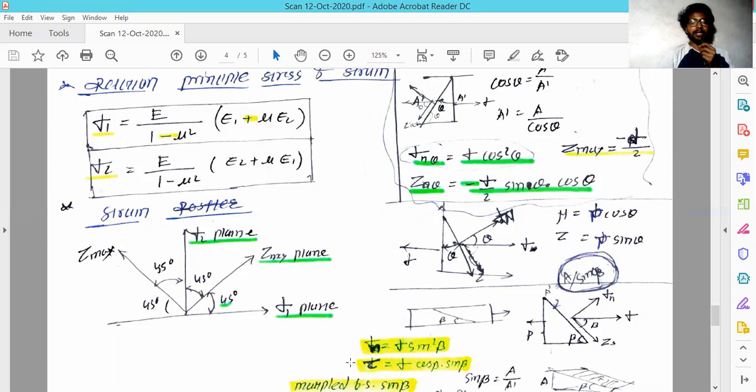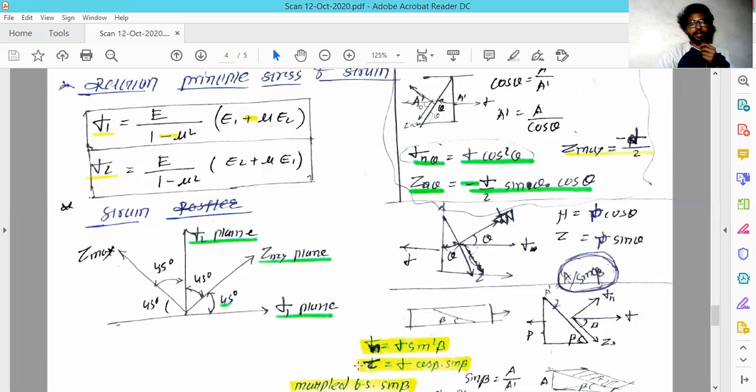We assume that the cross section is A, and the angle at which it is cut to the horizontal is beta, and P is the force applied. Rho is the force perpendicular to that cross section, and normal to the cut cross section is rho n, which is nothing but stress in the normal direction.